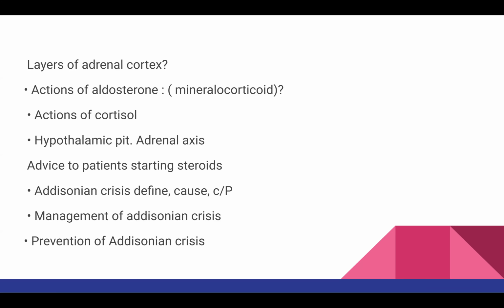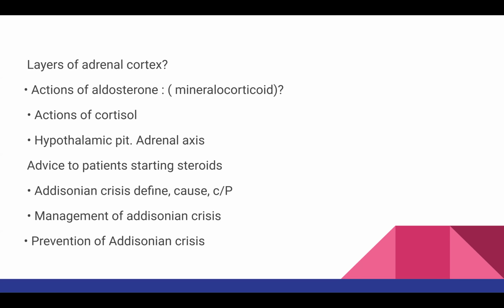Initially, 100 milligrams of hydrocortisone IM or IV is given, followed by a continuous infusion of 200 mg of hydrocortisone over 24 hours. Then I will also start the patient with IV fluids. 1 liter of isotonic saline is given initially, followed by IV fluid according to the need of the patient, like dehydration or correction of electrolyte imbalance.